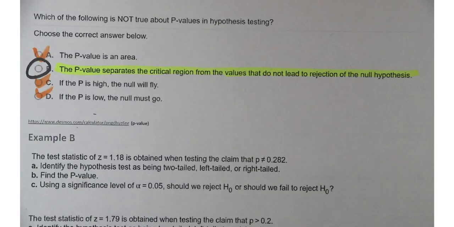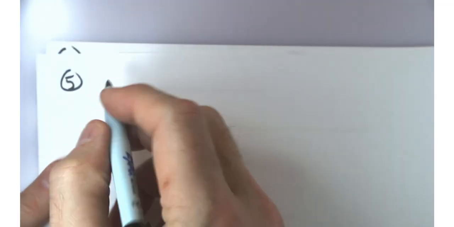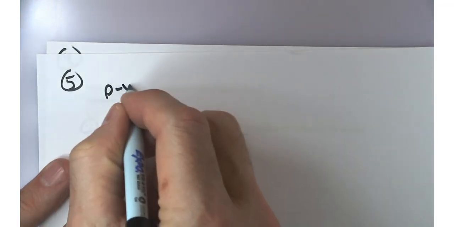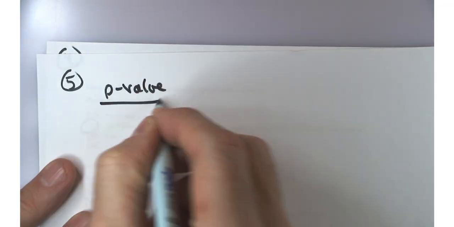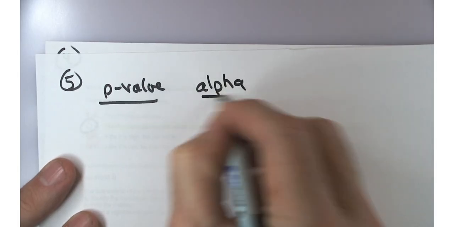Yeah, let's just do it this way. So we're going to look at some p-value and alpha combinations and make a decision. So we're going to look at our p-value, alpha, and decision.